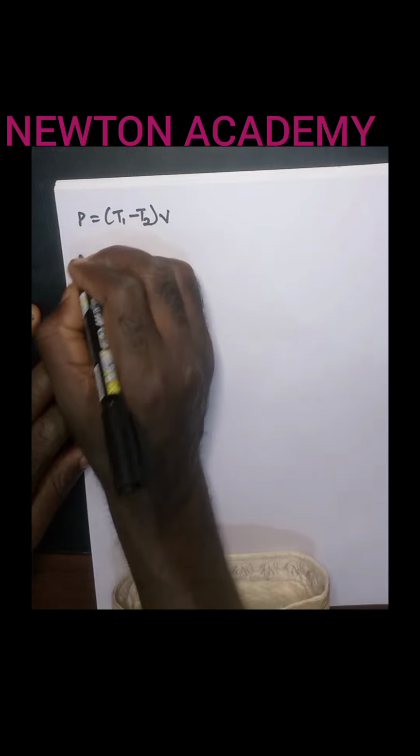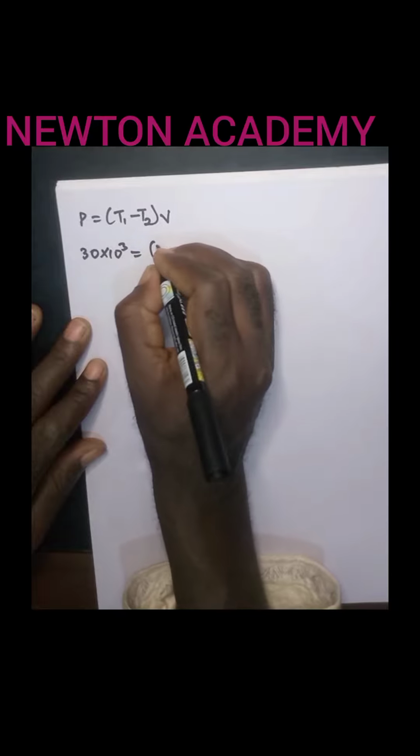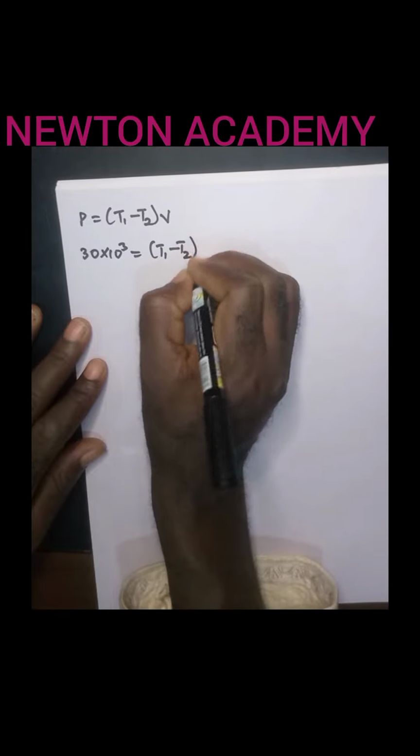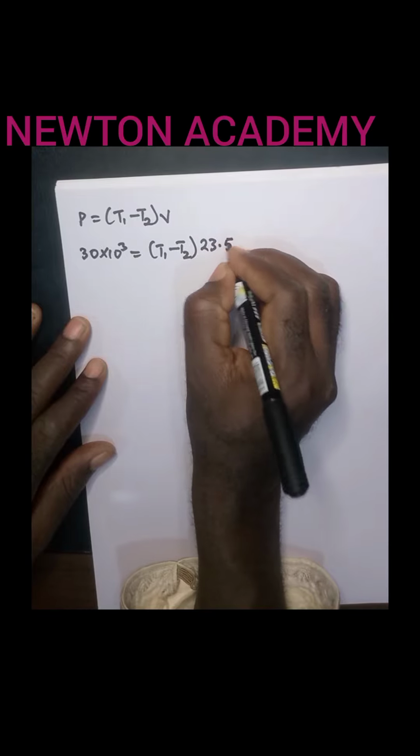When we substitute, power is 30 times 10 raised to power 3, which is equal to T1 minus T2 multiplied by the velocity, 23.57.